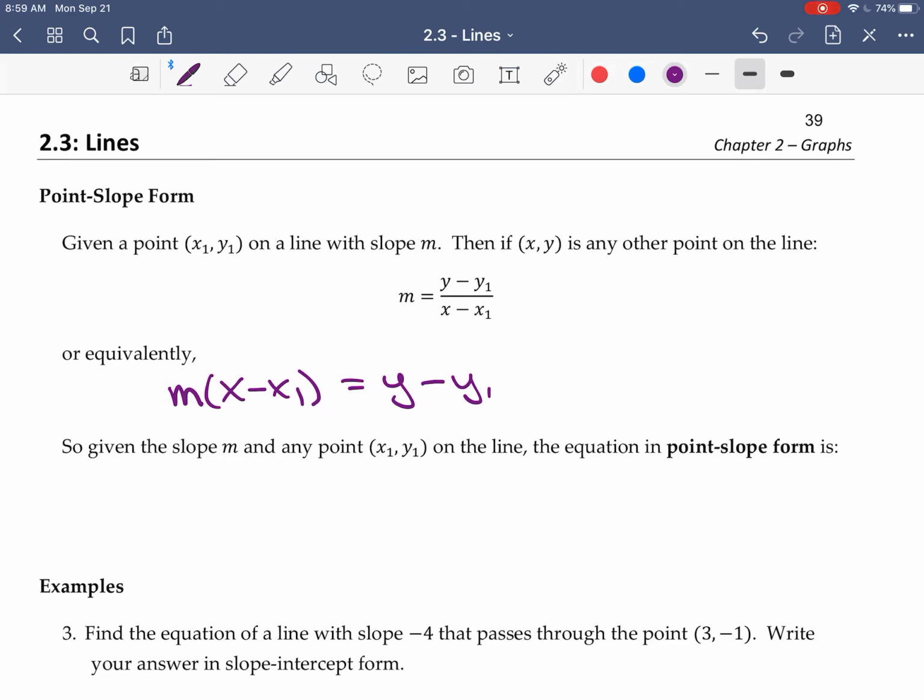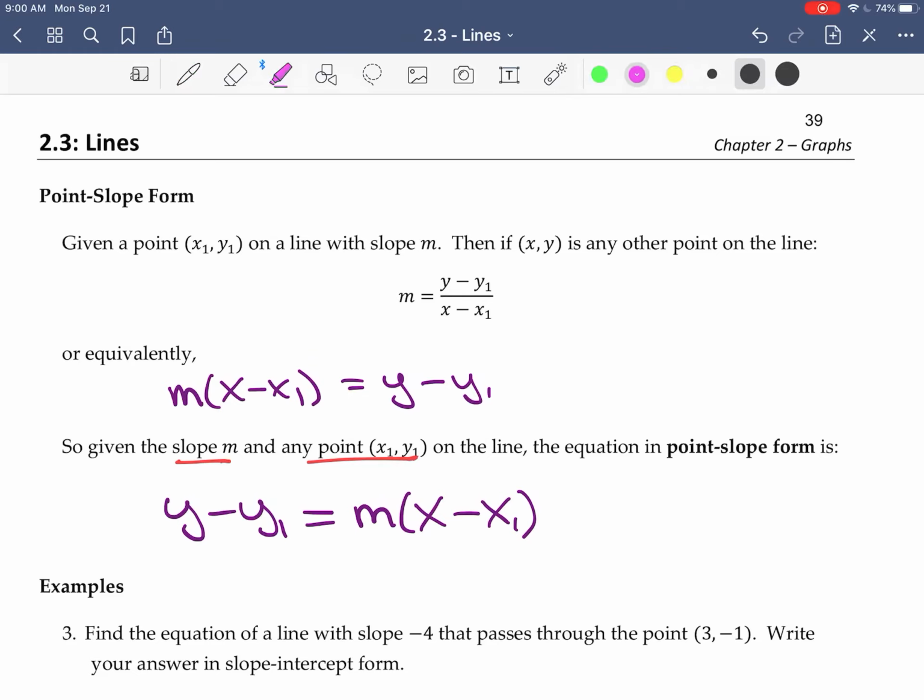So we can use this to find the equation of a line. So given the slope m and a point x1, y1, the equation in point slope form, I'm just going to rearrange it, is y minus y1 is equal to m times x minus x1.